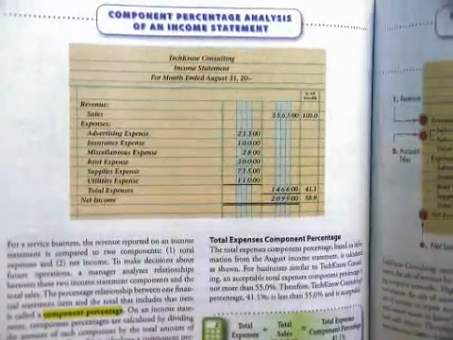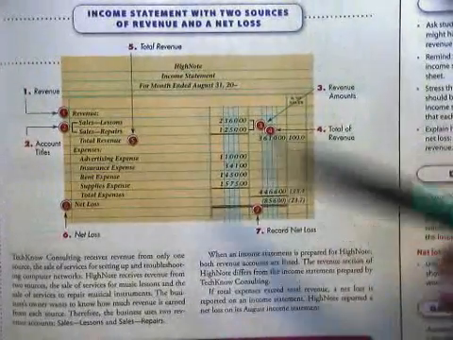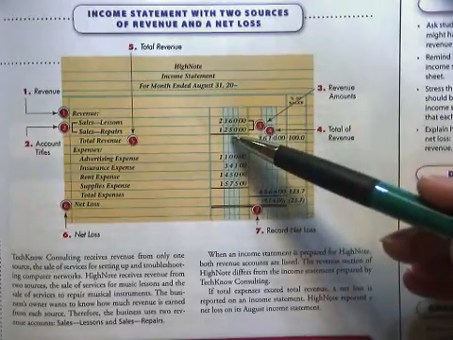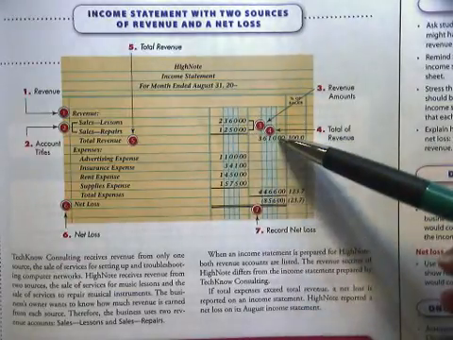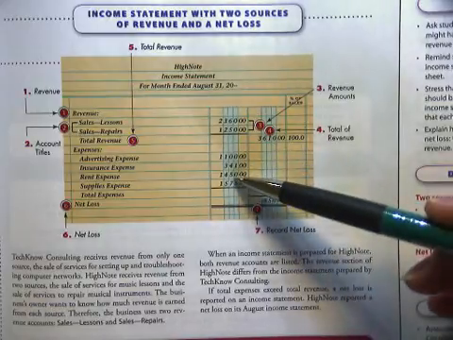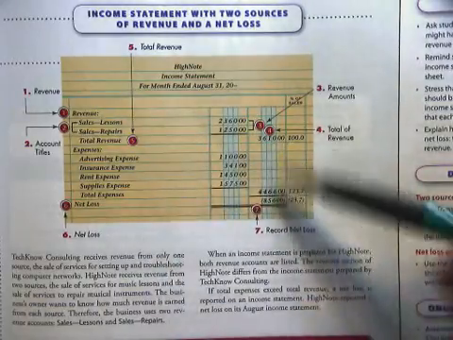Page 185 shows you, well, what do we do if we have 2 revenue accounts? If there's more than one revenue account, we're going to list each one separately in column 1 and their total in column 2. And then we'll do the same thing. This one happens to have a net loss.